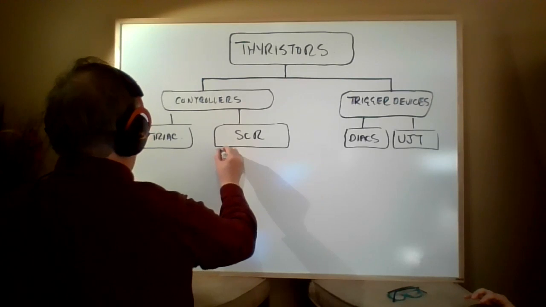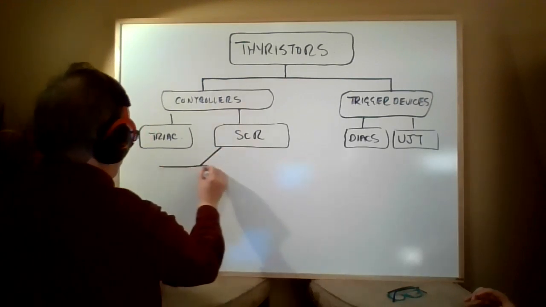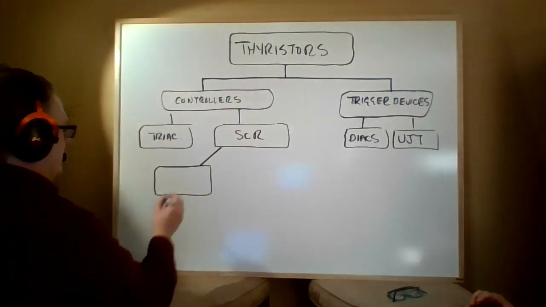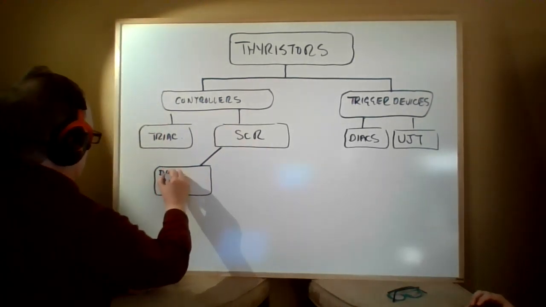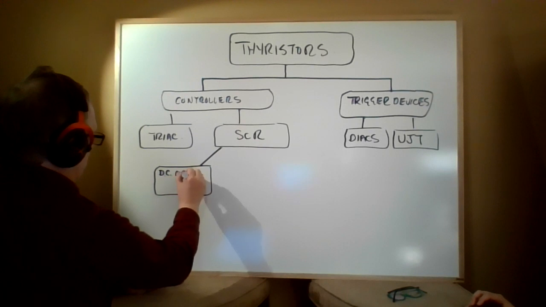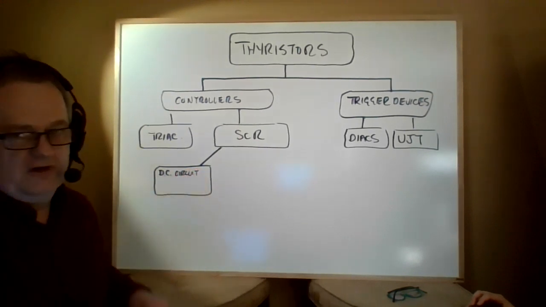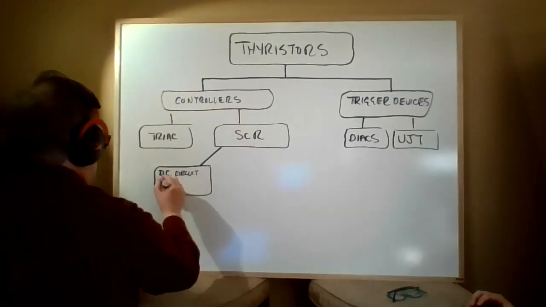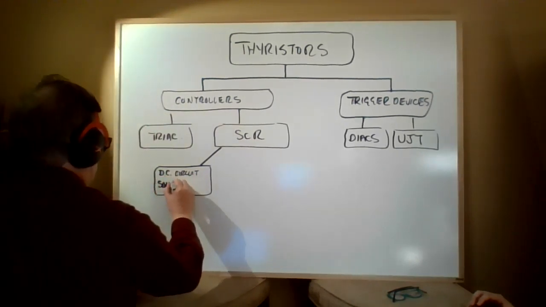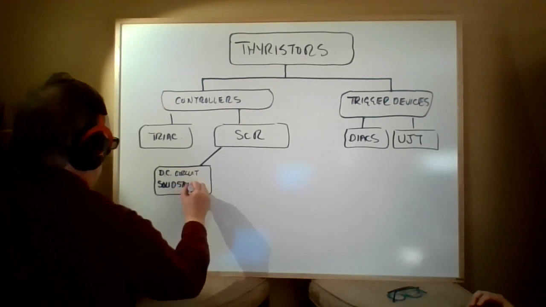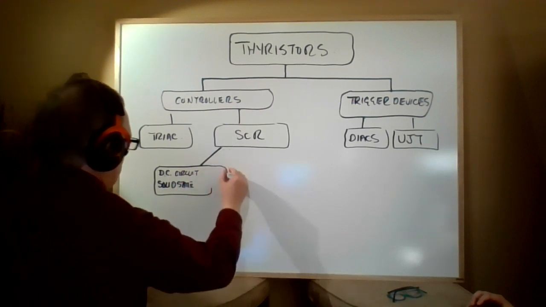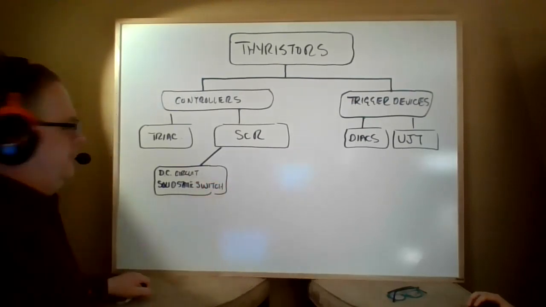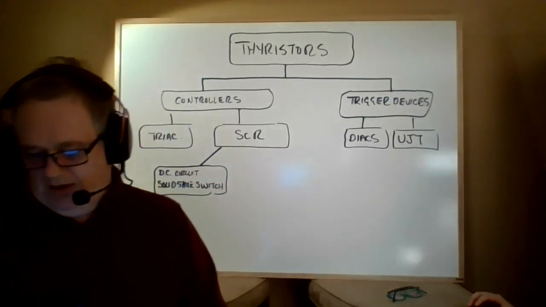And so the first thing that we're going to look at when we start on the SCRs is taking that SCR and using it in a DC circuit. A DC circuit. So with a DC supply, what does an SCR do? Well, it becomes a solid state switch, a solid state switch.